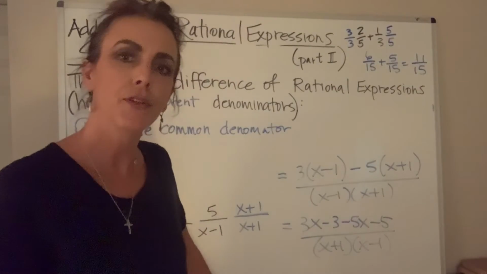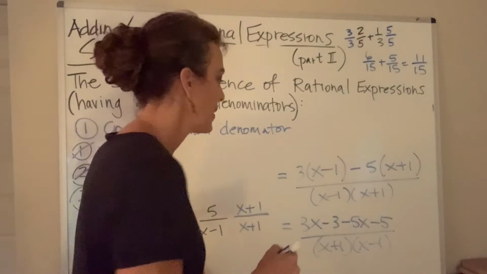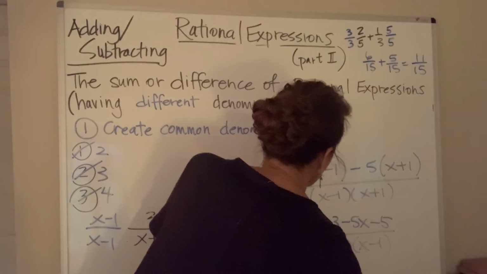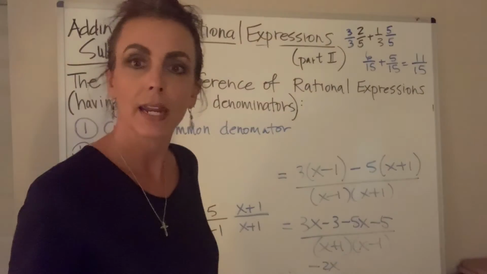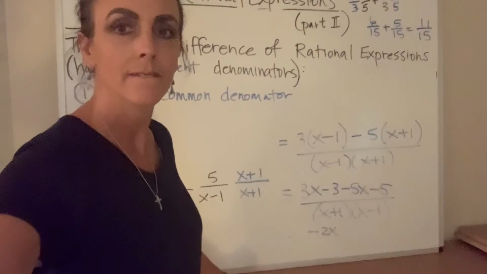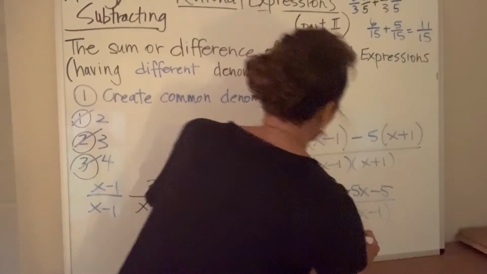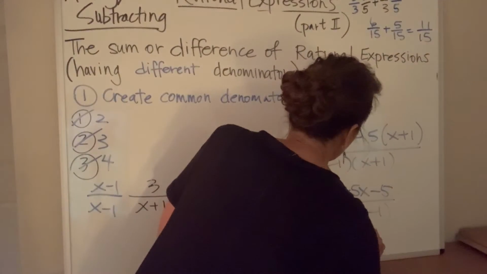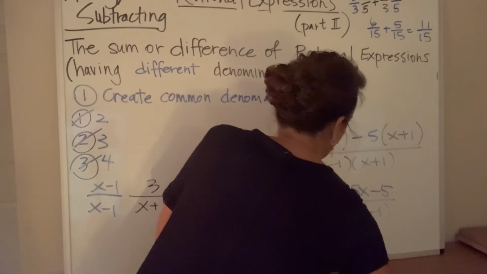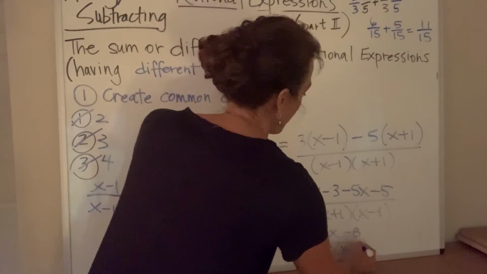So I've got 3x minus 5x, which is the same as negative 2x. And I've got negative 3 minus 5. Negative 3 minus 5 is going to be negative 8. And that's going to be all over x plus 1 times x minus 1.